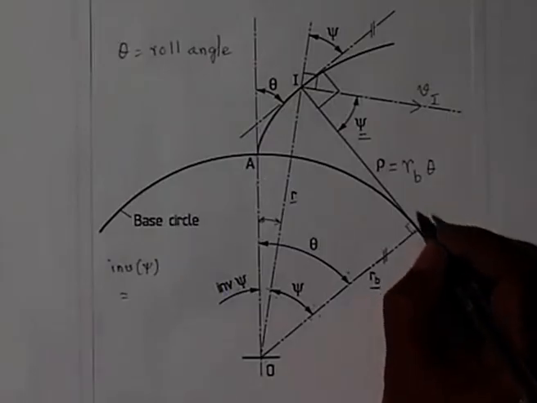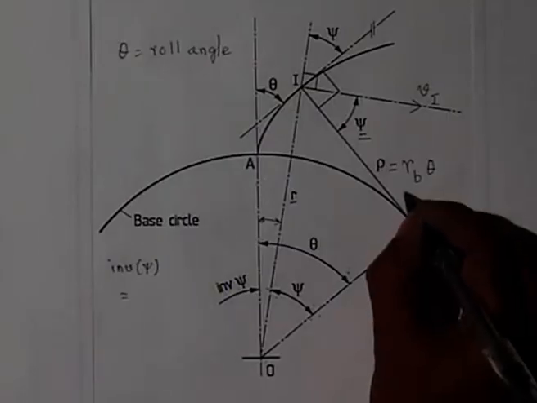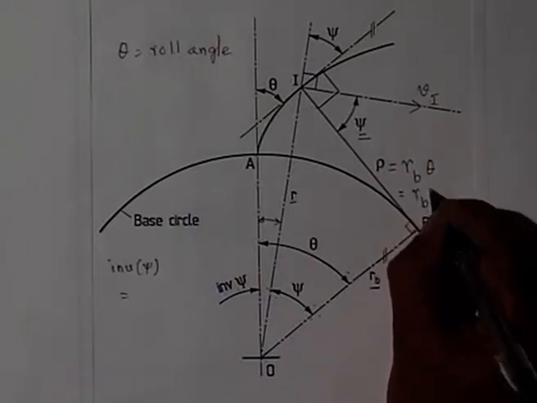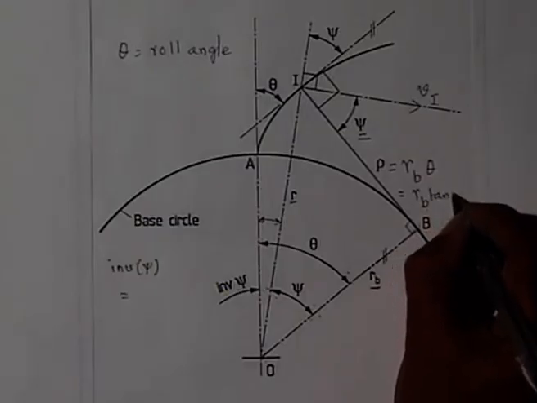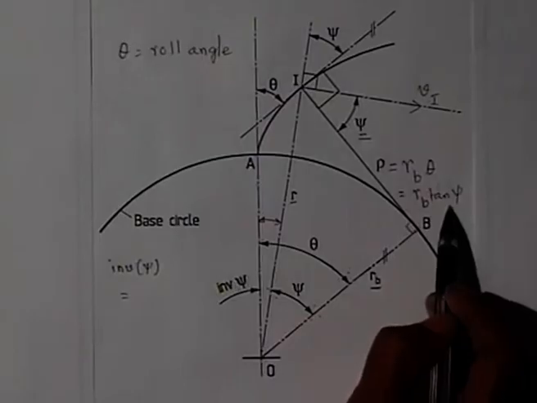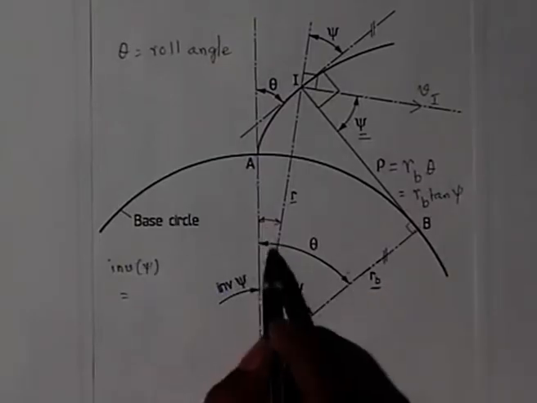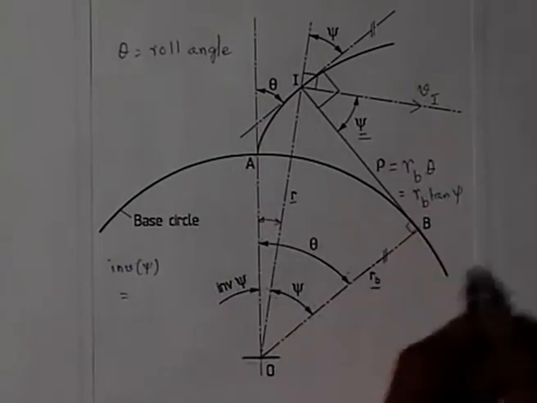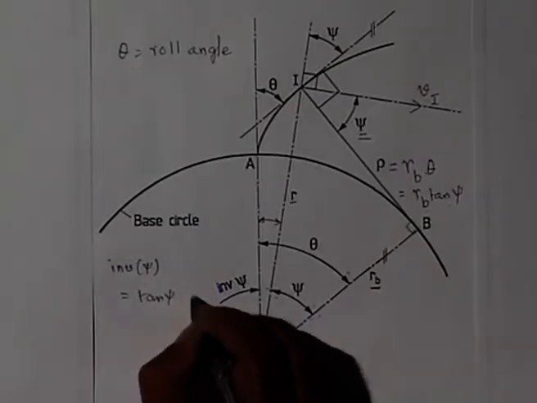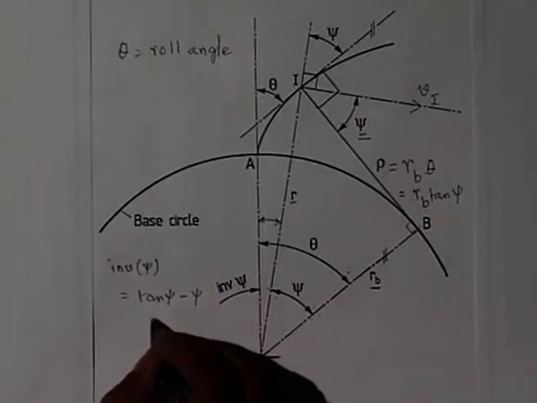So, we can write rho is RB tan psi, which means theta is equal to tan psi. So, this involute psi, which is theta minus psi, I can write as tan psi minus psi.